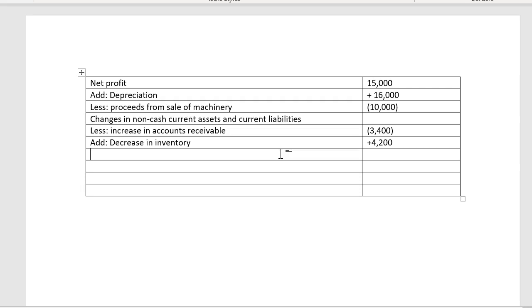Next up we have accounts payable. Do not take accumulated depreciation, as it is not a current asset, nor a current liability. Has accounts payable increased or decreased from the previous year? Accounts payable has increased, and an increase in current liabilities, you add.